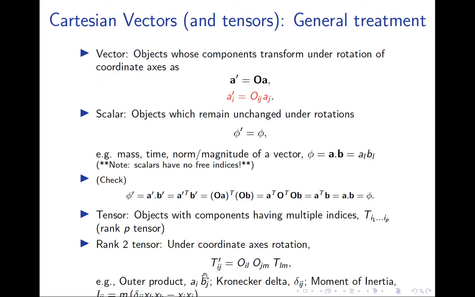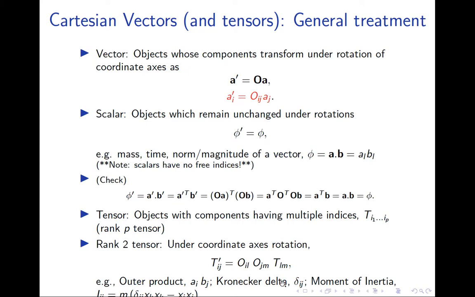Unlike the dot product, which is symmetric, and the cross product, which is antisymmetric, A_i B_j is not symmetric under the swap of A and B, and neither is it antisymmetric. So it is just a general case, A_i B_j, and there are 2 free indices. That's why this is a rank 2 tensor. And you can easily check that it obeys this transformation law as well.